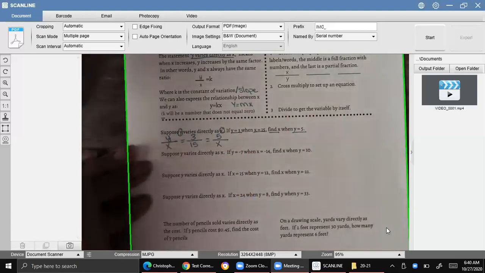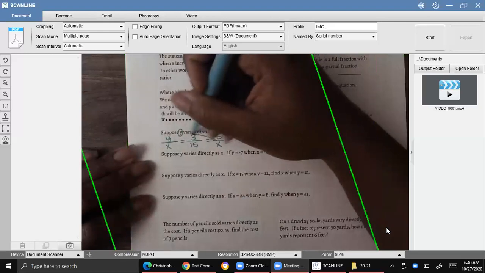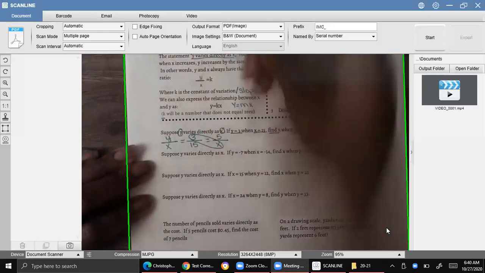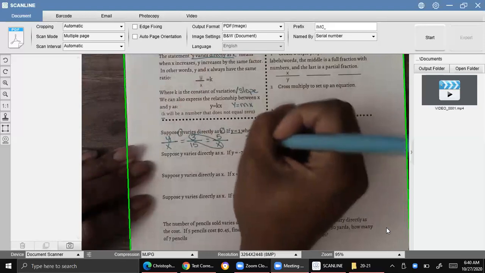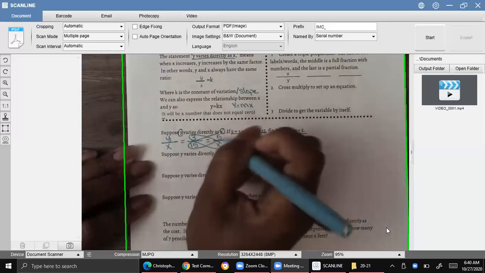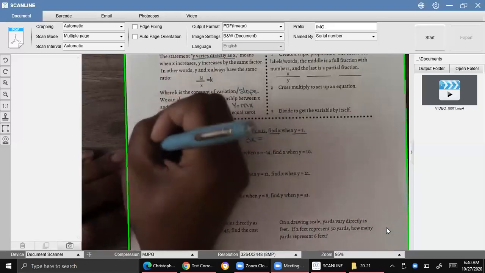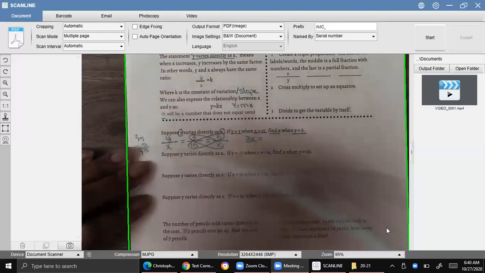So at this point, we are going to multiply across. So 3 times x is 3x equals 5 times 15, which is 75.